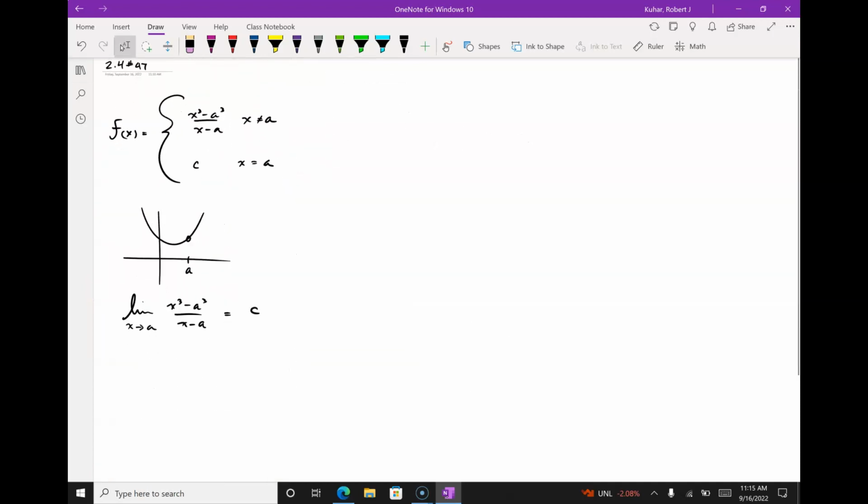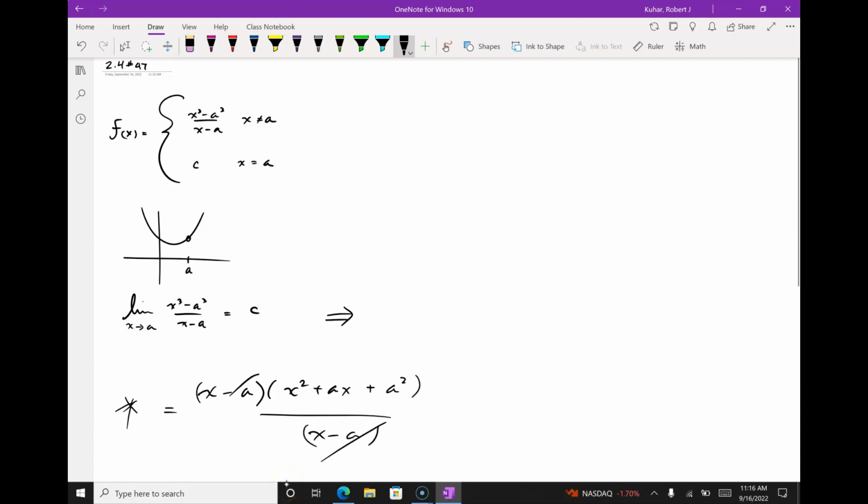Okay. So the limit for that particular function is going to take some work, and of course you already know I'm going to get x minus a times x squared plus ax plus a squared, over that x minus a. This is kind of my star function, right?